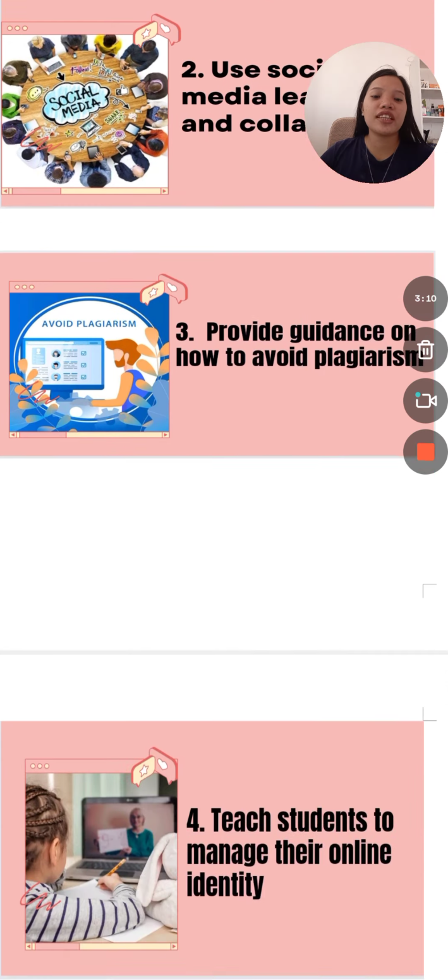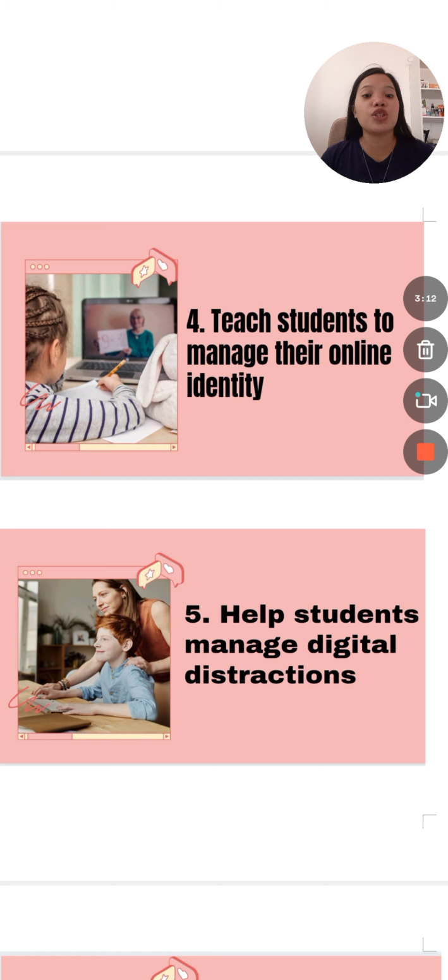So the fourth is teach students to manage their online identity. Regardless of whether we consciously manage it or not, we all leave a digital footprint and have an online identity.